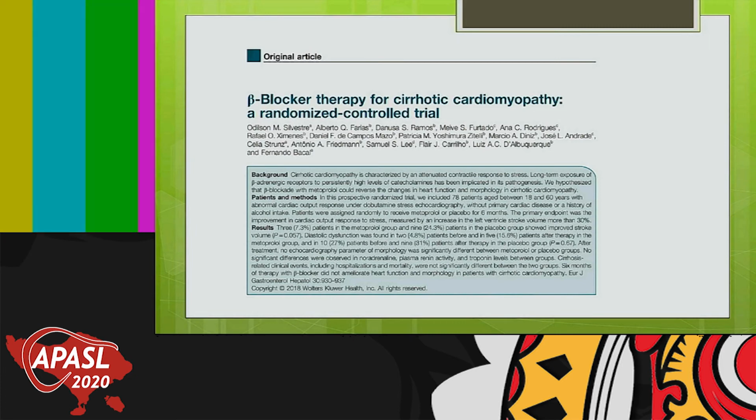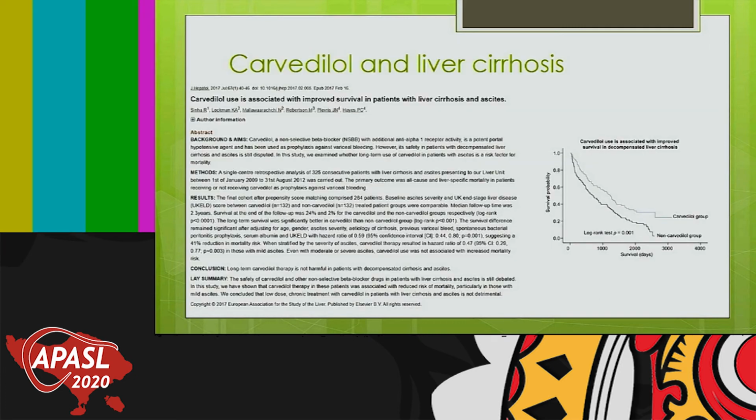However, we've talked before from a number of speakers about carvedilol, and this is interesting. This is a study from Sinha and colleagues, and they wanted to look at long-term low-dose carvedilol therapy. And I just want to really emphasize the importance of what was mentioned before about carvedilol, that certainly it is a different kind of beta blocker.